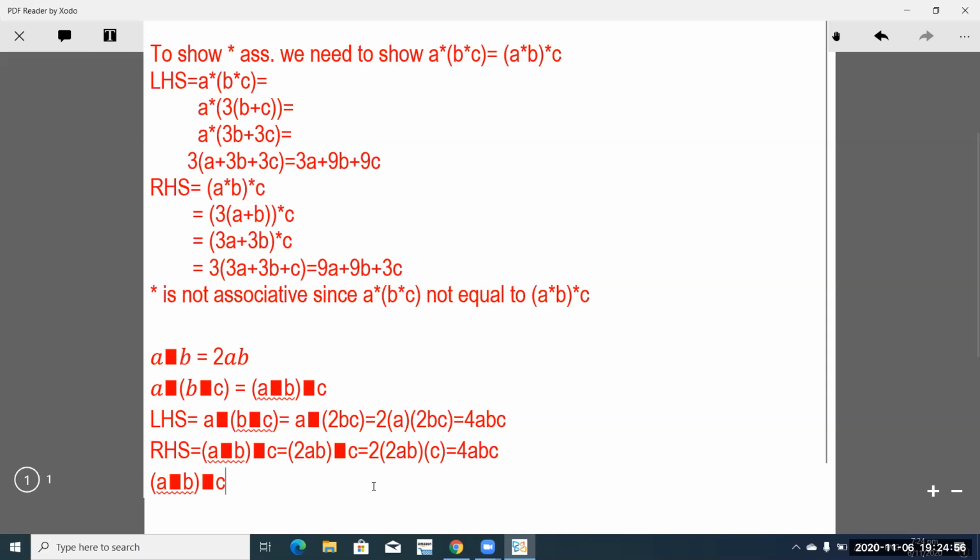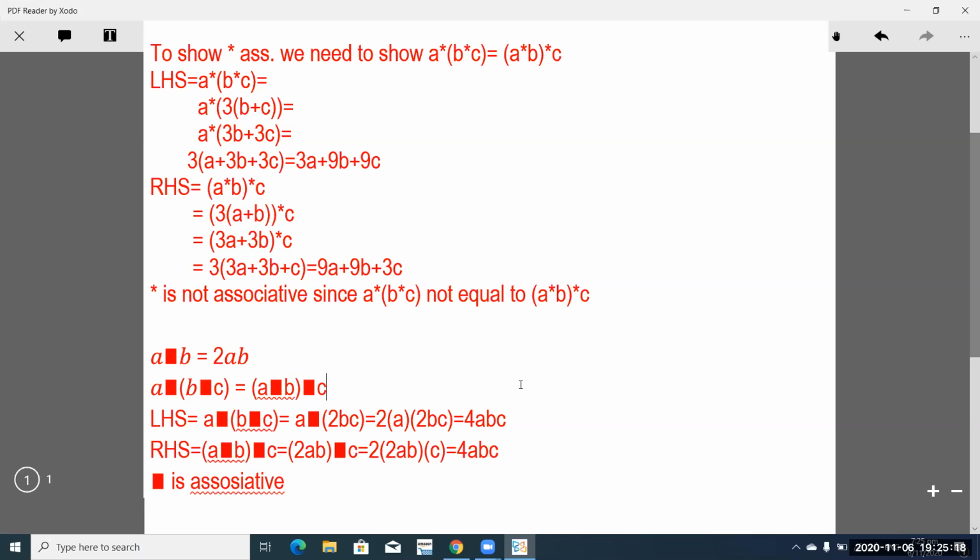That it's associative. So we can conclude box is associative since both are equal. Associative, not spelled right, but oh well. So box is associative. All right, and we leave it right there.